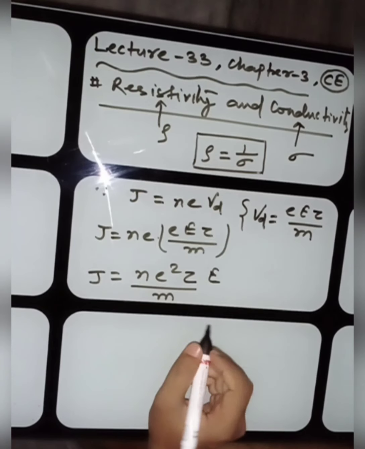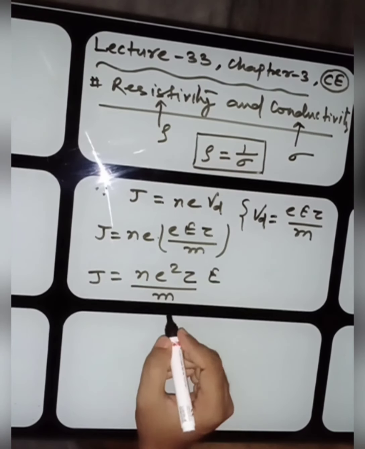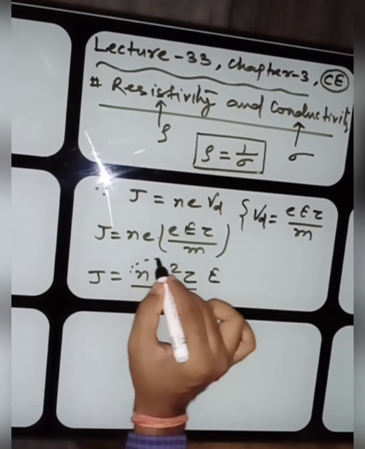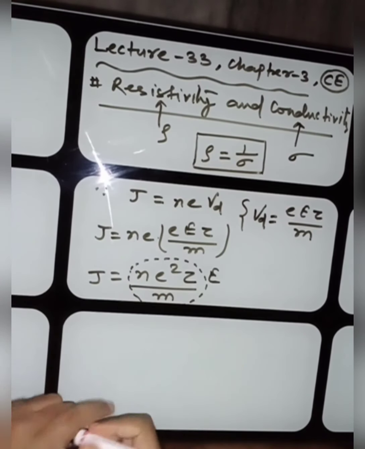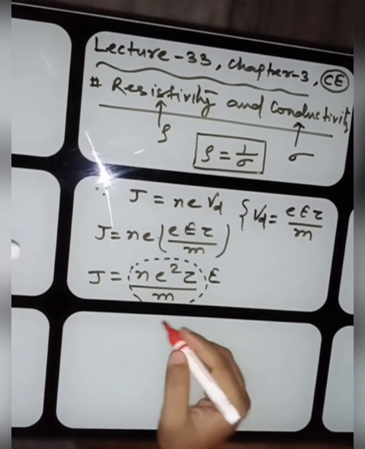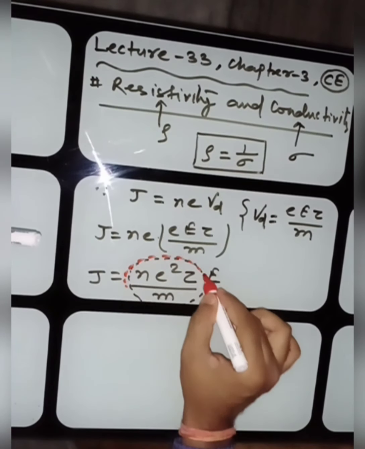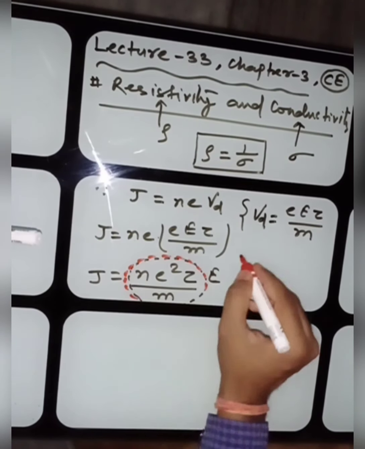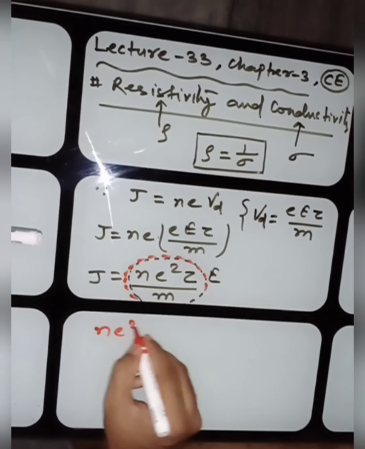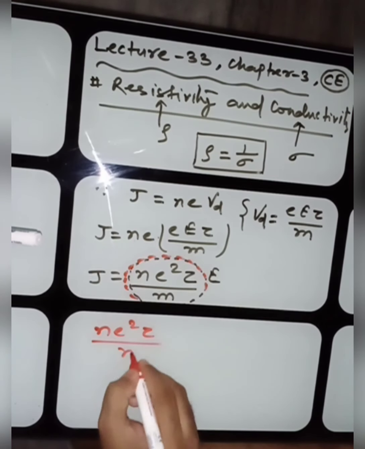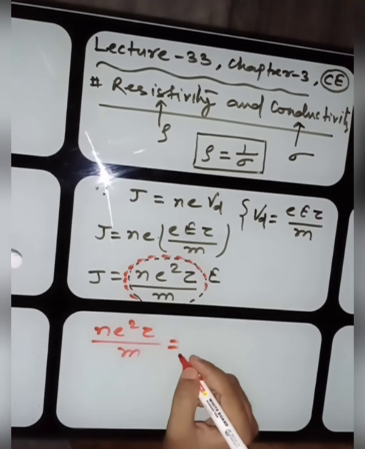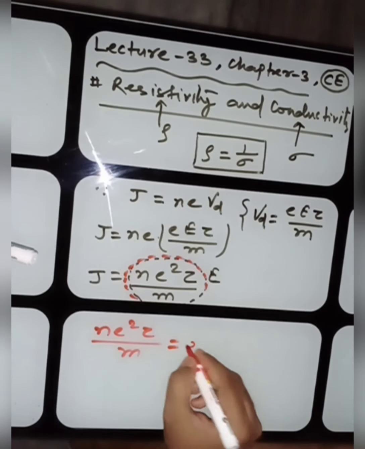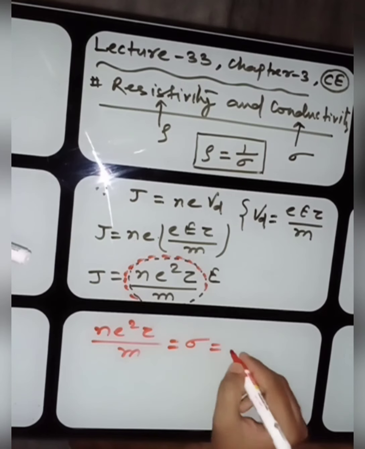My dear student, now look here carefully. This particular quantity, n e square tau by m, is called the conductivity, which is sigma.